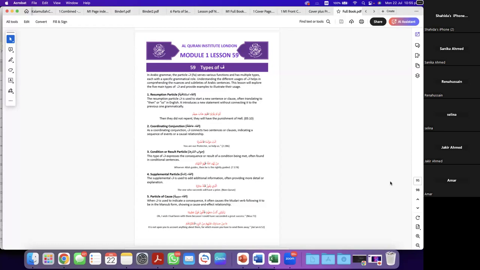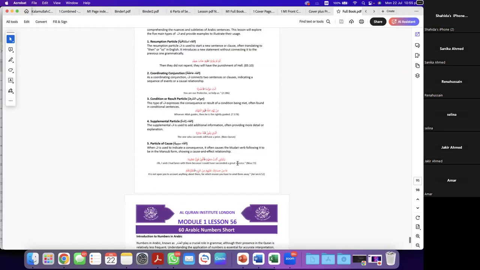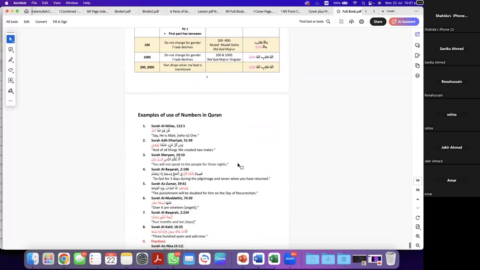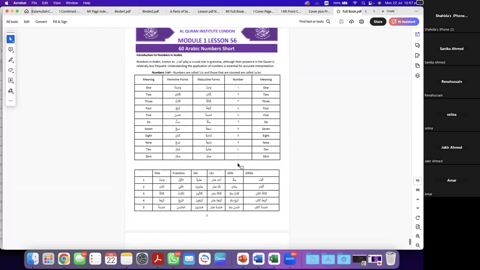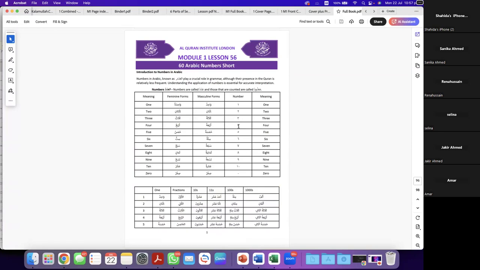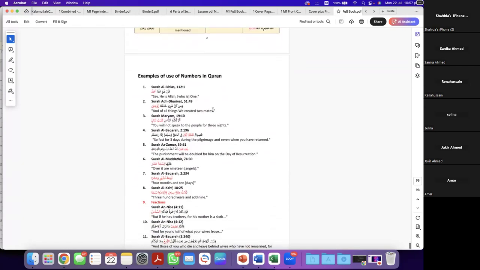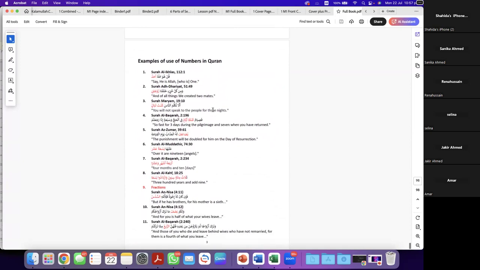But the good news for you is, that's why I brought this to you. How many pages is this? One page? This is a short version, specifically for you. How many pages? 1, 2, 3 Quranic examples.